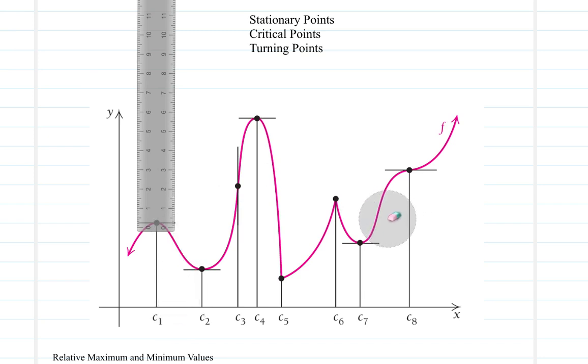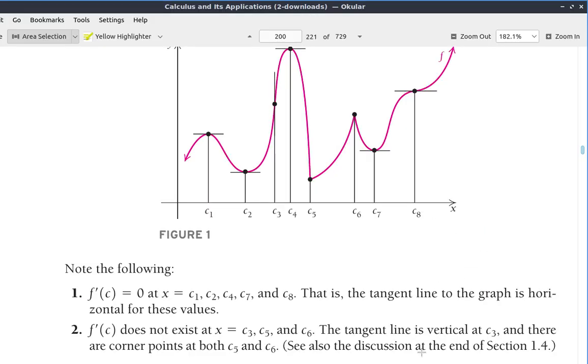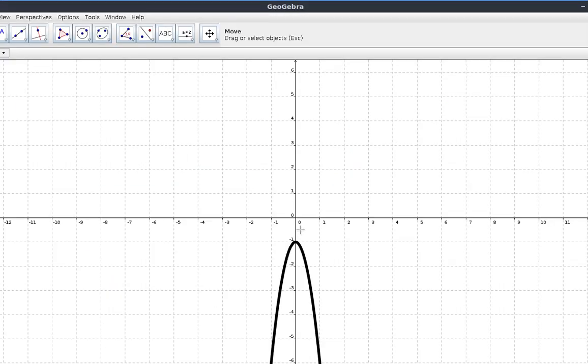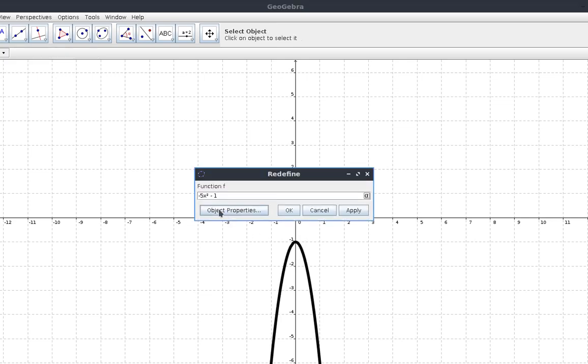Now, suppose, for example, you had dy by dx. Let's look back at our GeoGebra graph, and our function that we had before.